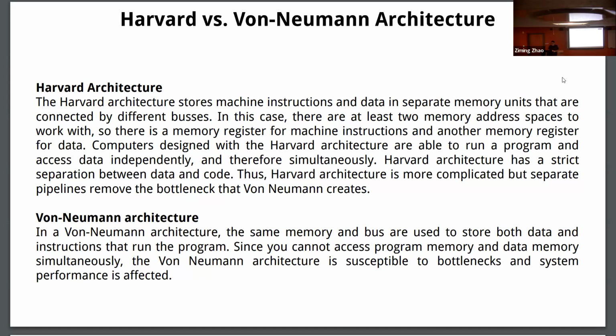Another architecture or paradigm is the Harvard paradigm. In this paradigm, they store machine instructions and data in separate memory units, and they are even connected by different buses. Like I said, some microcontrollers I have seen adopt this architecture, but not many. So most of the computers we are using are the von Neumann architecture.